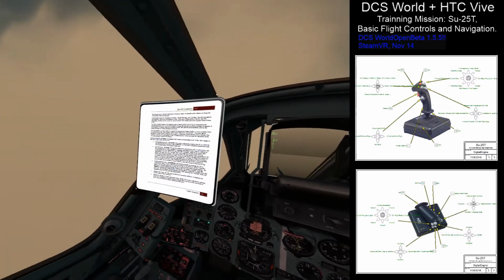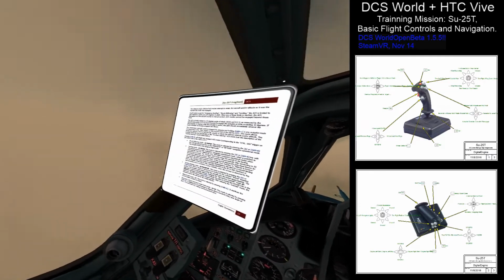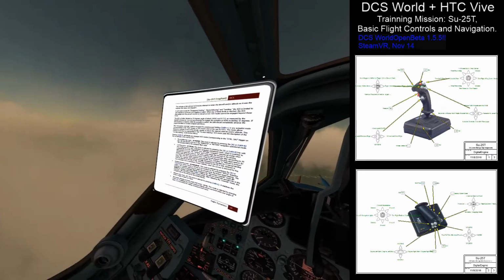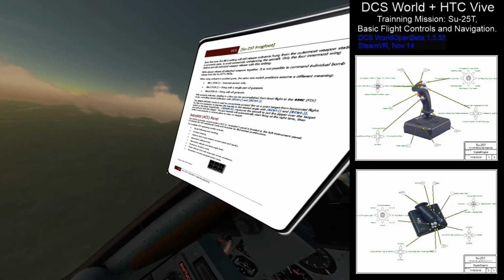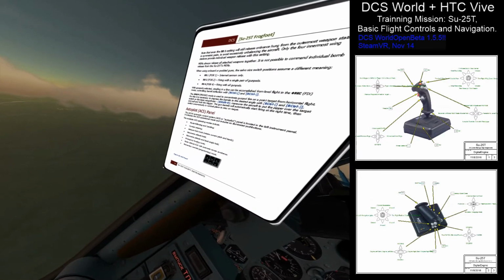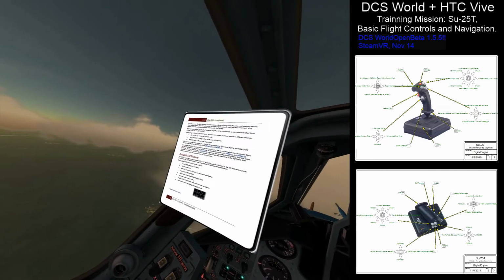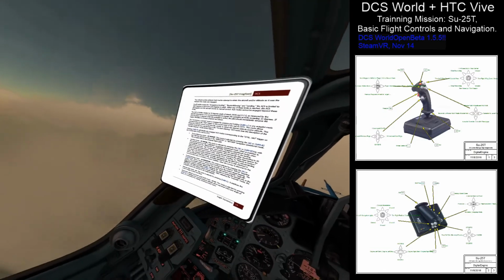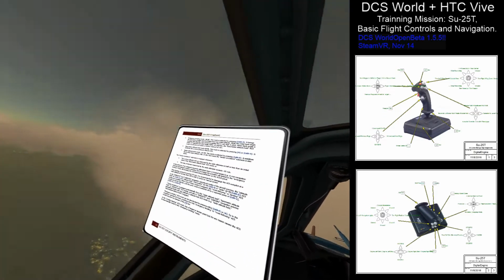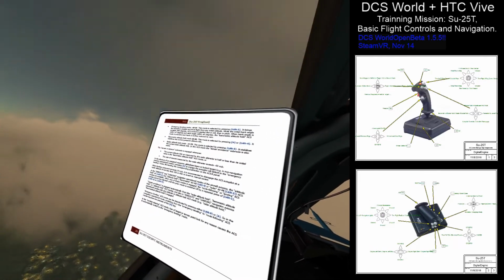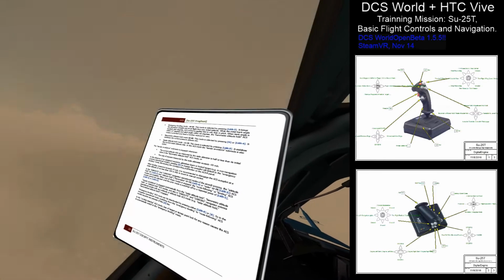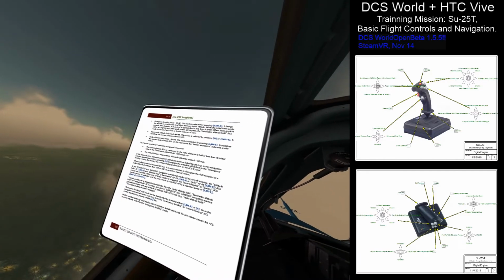If we bring up our kneeboard, go back a page, and it's right here, emergency leveling mode. Go to the next page, and we see it, emergency leveling mode. It brings the aircraft to straight and level flight from any initial attitude.